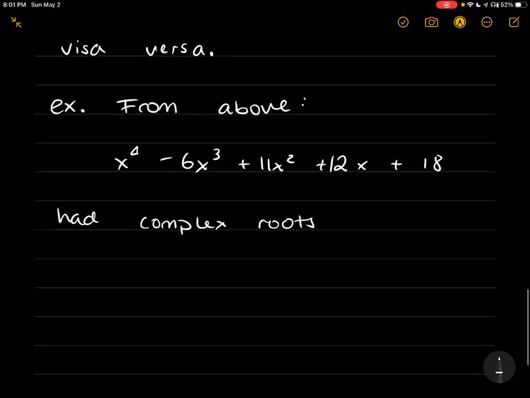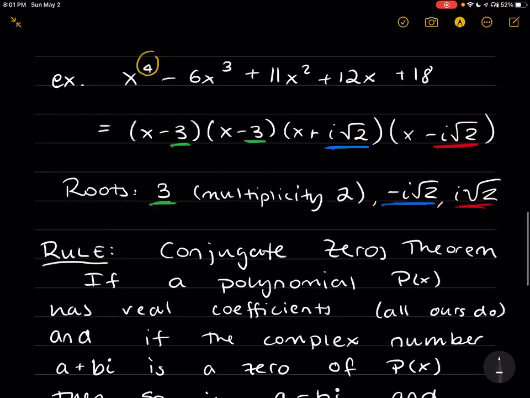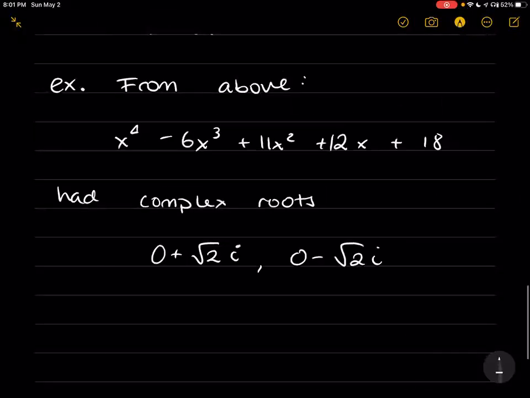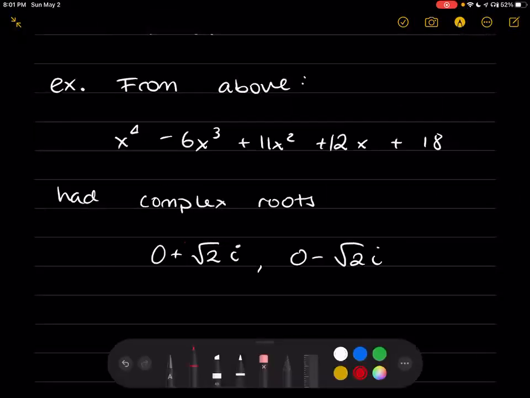And I'm going to write them with the 0 in front just to make it really clear what's going on. The complex roots were 0 plus square root 2 times i and 0 minus square root 2 times i, right? Those, if we go back and look up here, are the ones that I've underlined in blue and red, right? So you notice we have a plus here, the minus here.